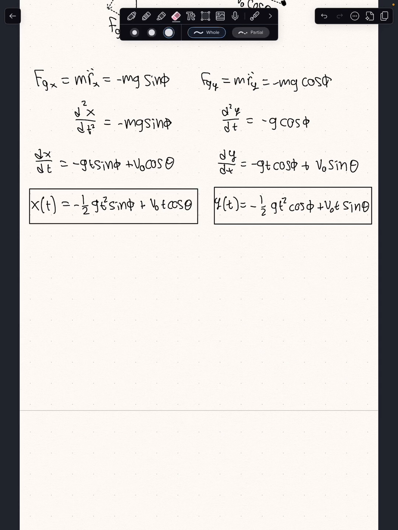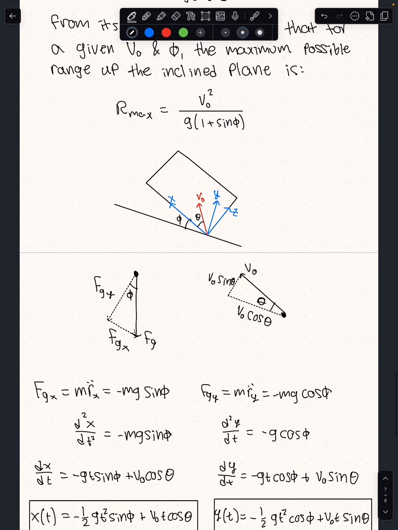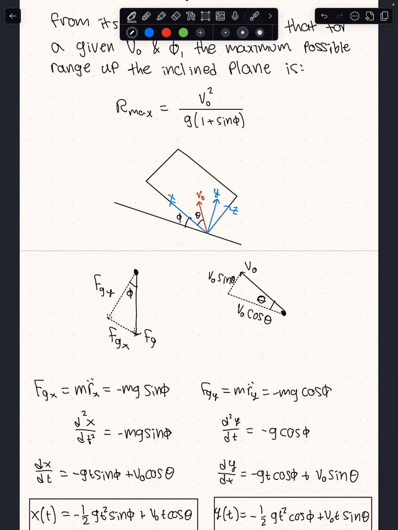These are the positions. Okay. Now, what we can do is find its max distance. If you imagine we're throwing the ball, we start down here, and we throw the ball and it goes up, the max distance that it travels in the x direction is going to be when y is 0, right?